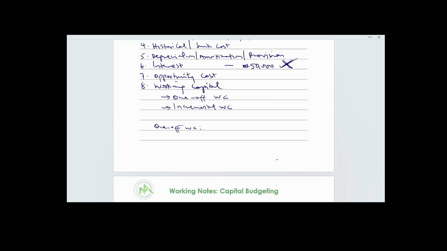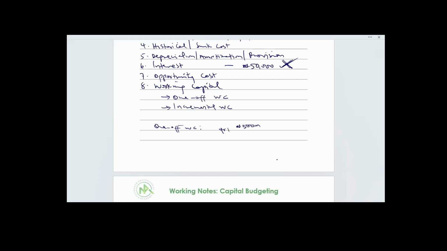Say, for example, you are given a working capital of 500 million naira in the first year.